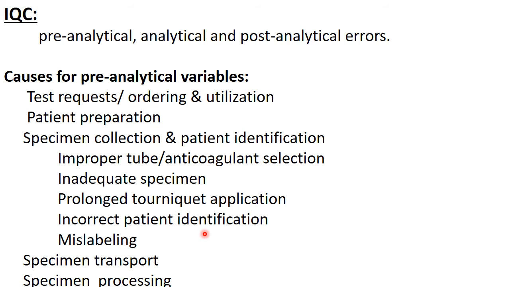Coming on to the causes for pre-analytical variables. The first one is the test requests, or ordering and utilization. Here the source of error may be due to inappropriate tests, bad handwriting or abbreviations used, and wrong patient identification. Patient preparation: incorrect patient preparation can lead to errors. Laboratory tests are affected by many factors such as recent intake of food, medicines, alcohol, etc. by the patient.